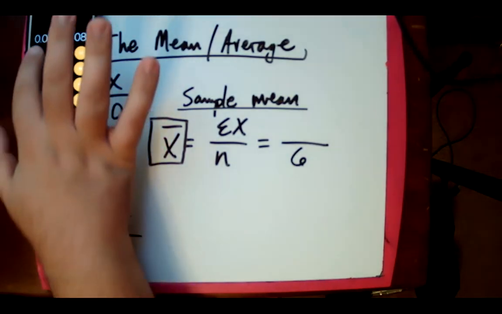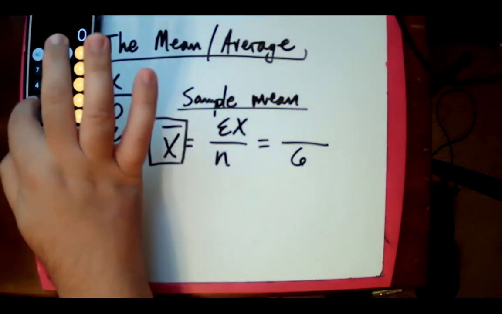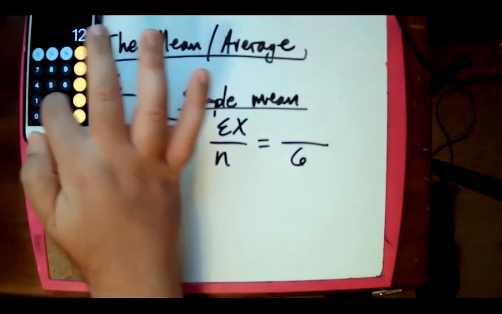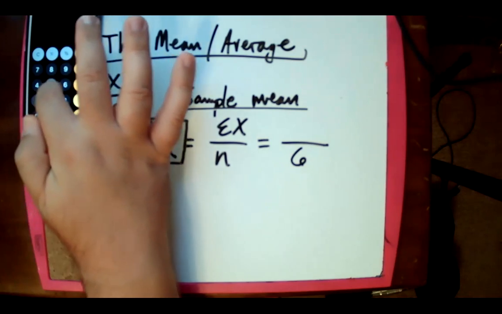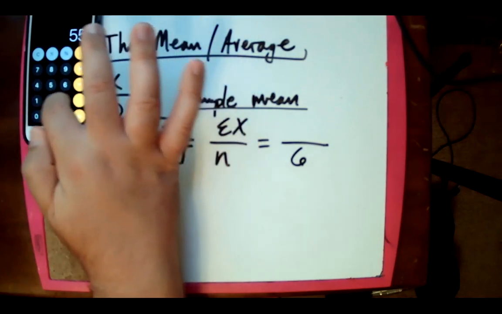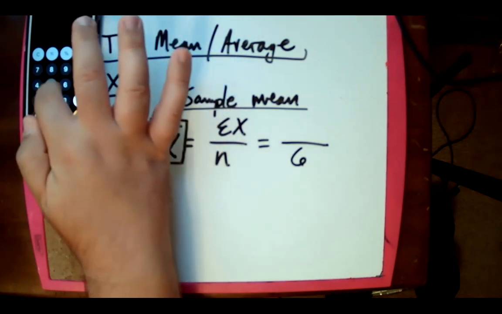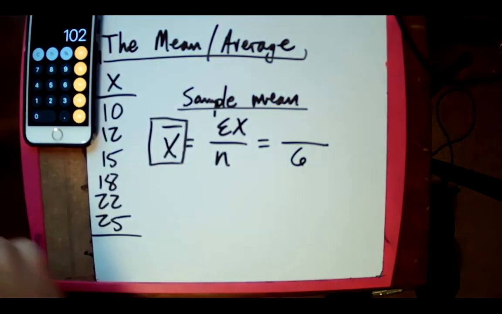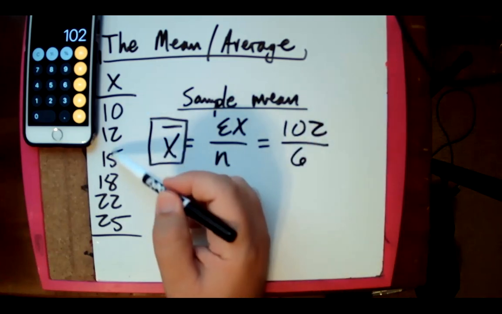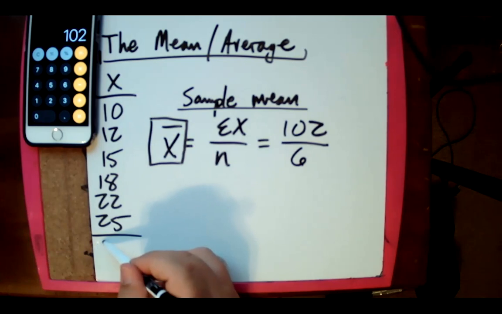All right, we're going to add these all up. I'm going to start with 10. So we do 10 plus 12 plus 15 plus 18 plus 22 plus 25 equals 102. So the sum of x is 102.